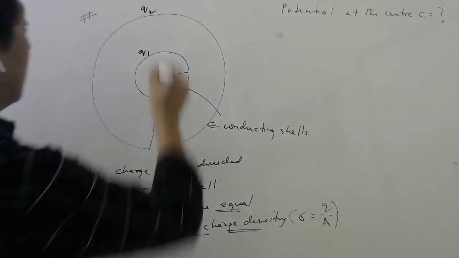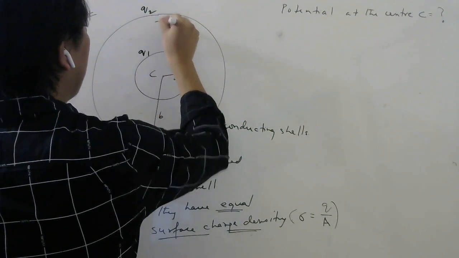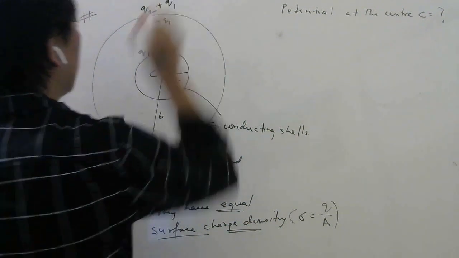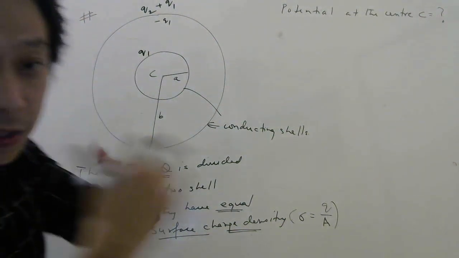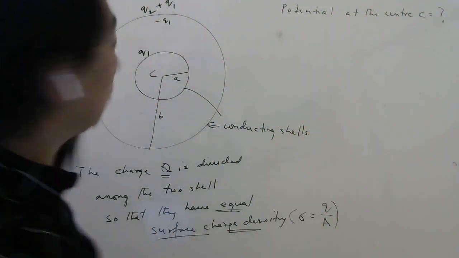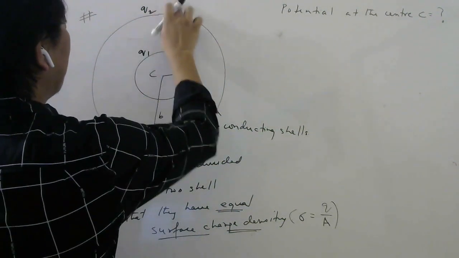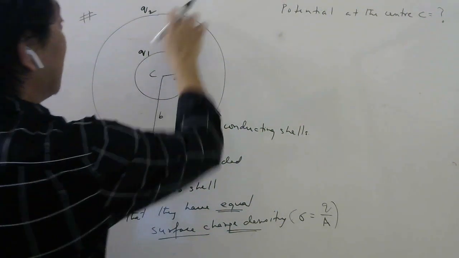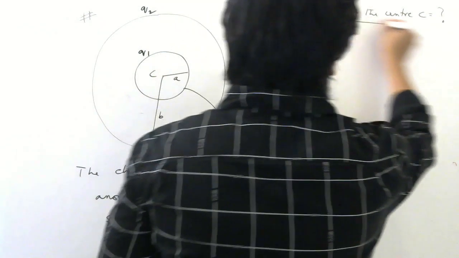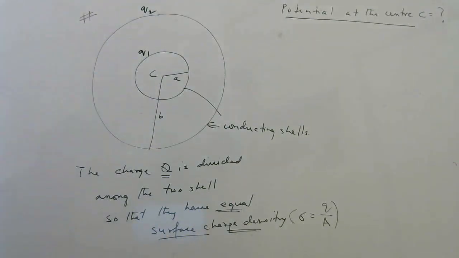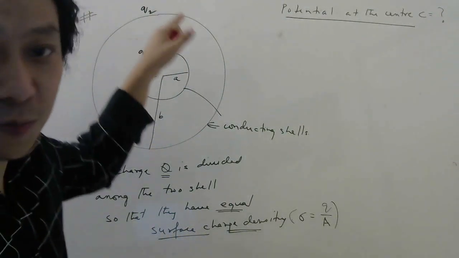Now you know by induction, if this is q1, this will be minus q1, and this will be q2 plus q1. So if you do the distribution of charge, this is how it will be distributed. However, students, in this question, they are just asking you to find potential. And while finding potential, we don't need to worry about the distribution of charge.